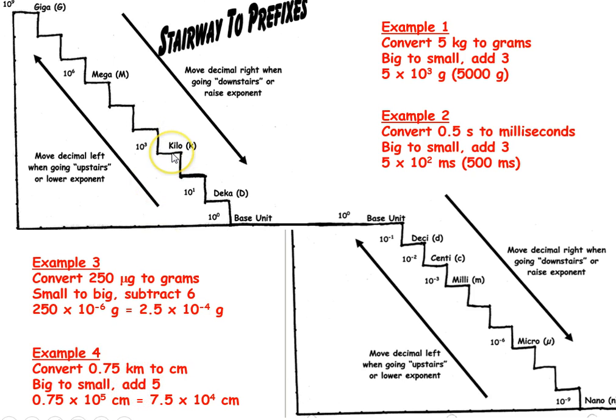So starting off at the kilo step, I would go 1, 2, 3 steps down to the base unit, and then I need to go an additional 1, 2 steps down to centi. So I've taken a total of 5 steps. Therefore I'm going to move the decimal point 5 places to the right, or I'm adding 5 to the exponent. And so my final answer is 7.5 times 10 to the 4th centimeters.